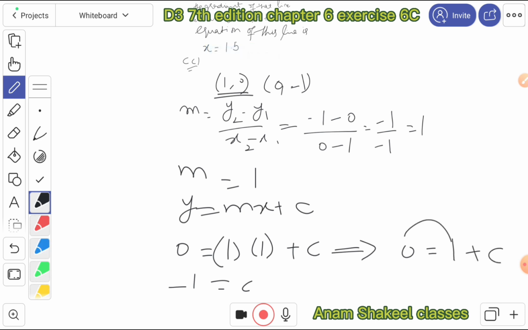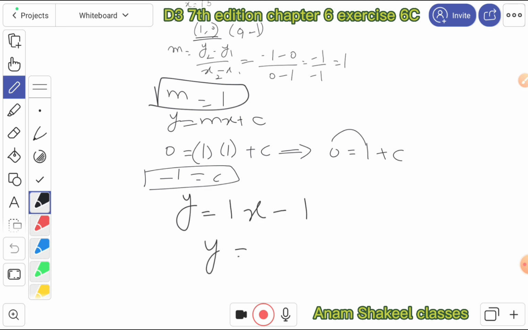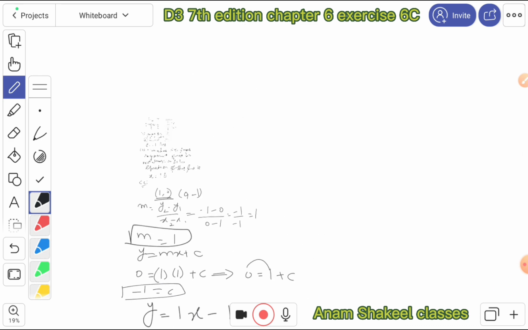When 1 moves to the other side, it will be -1, so c = -1. So the y-intercept is -1 and the gradient is 1. We will write the equation of the line as y = 1x - 1, so y = x - 1 is the equation of this line. Now come to part D.